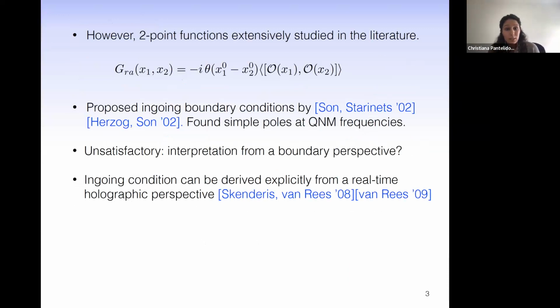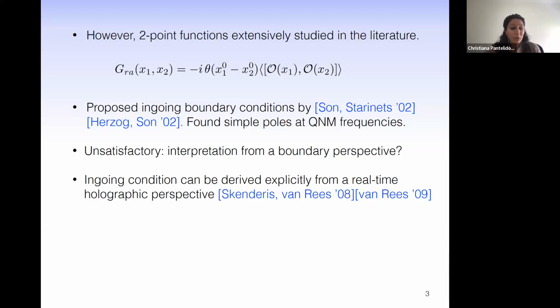And not only did this very clever prescription give rise to the correct results, it also gave rise to a very beautiful and very universal result that relates poles of these correlation functions with quasinormal frequencies of the black holes that we have in the bulk.